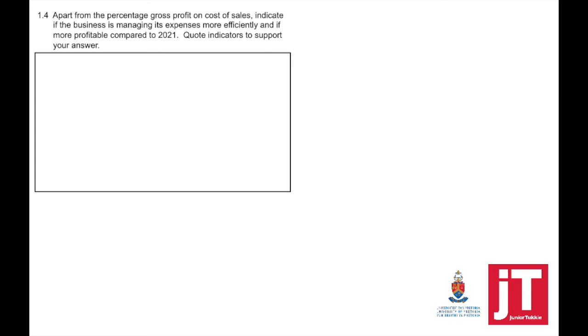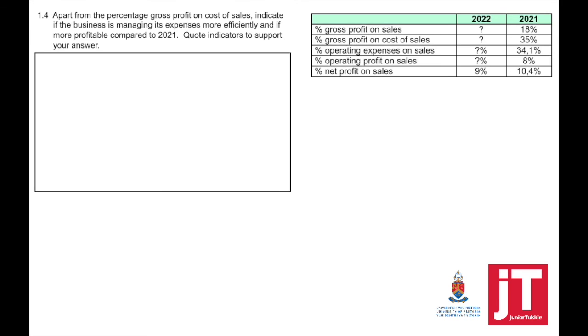1.4. Apart from the percentage gross profit on cost of sales, indicate if the business is managing its expenses more efficiently and if more profitable compared to 2021. Quote indicators to support your answer. So now we need to look at all of the other financial indicators and we need to comment on that.